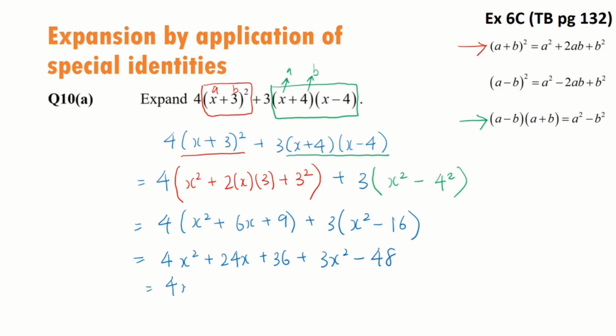Then you may want to rearrange the terms before you simplify it. And so the answer will be 4x squared plus 3x squared, that's giving us 7x squared plus 24x minus 12. Right, so we got the answer over here.